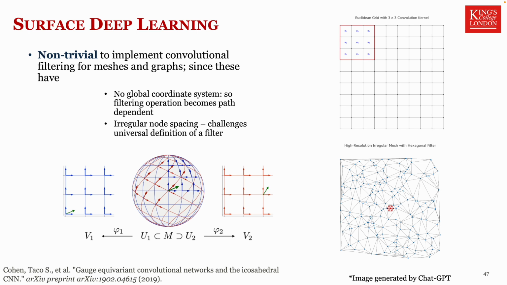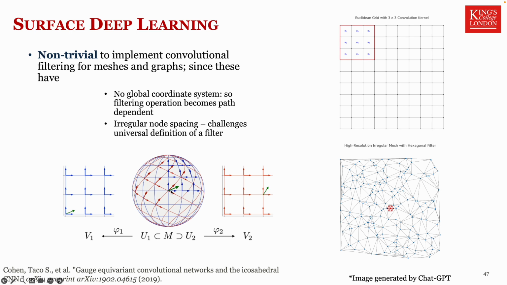And none of these things are true for irregularly tessellated surface meshes or graphs. Filters cannot be defined as having a uniform shape, because our mesh or graph will be irregularly tessellated with different distances between our vertices, and each vertex will have a different number of neighbours.